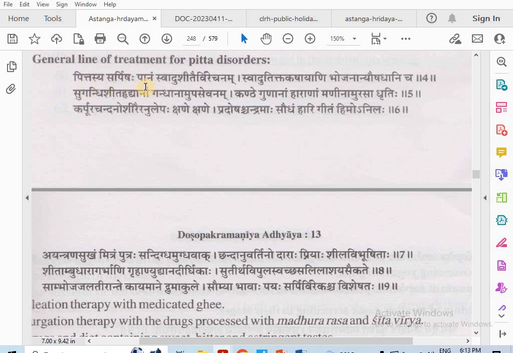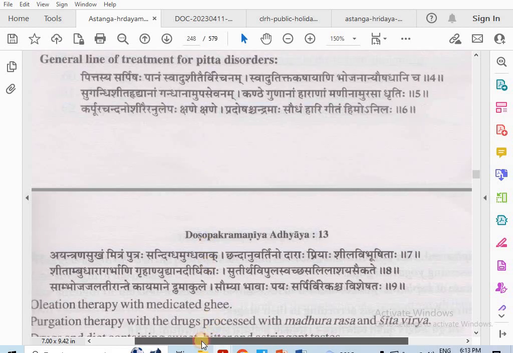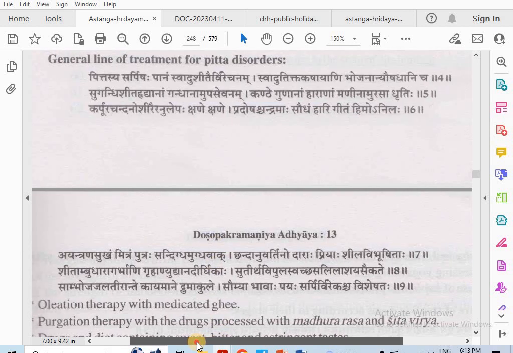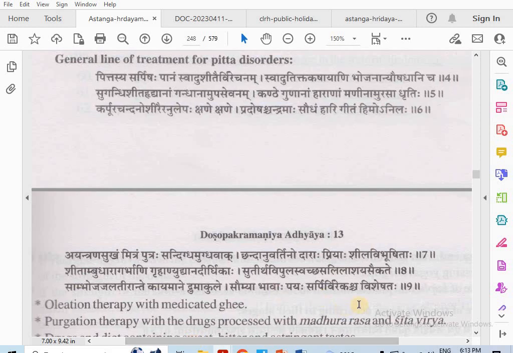Panam is actually drinking or consuming. Sarpishaha means ghee, right? So having ghee is one of the treatments. And then we have swadu shiter virechanam. Swadu is sweet, and shitehi means cold, and virechan.